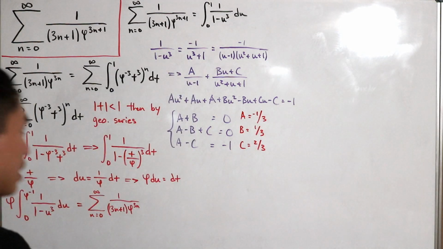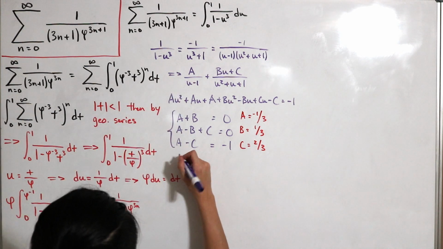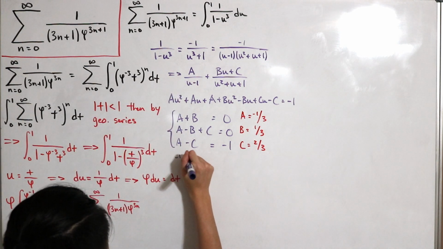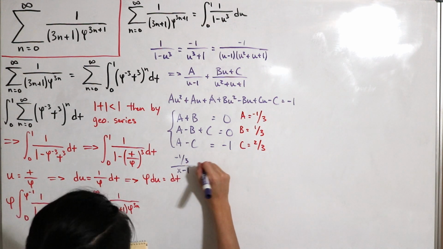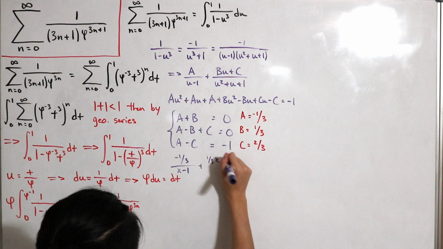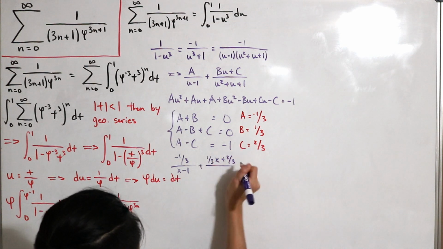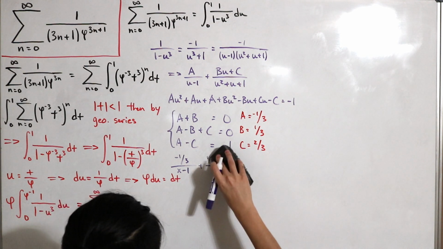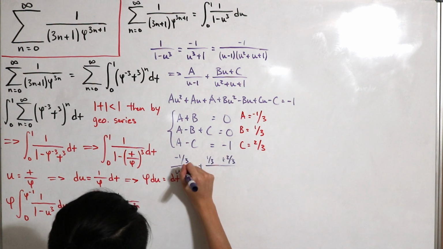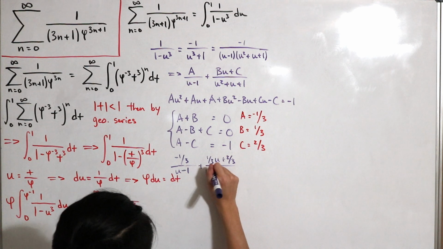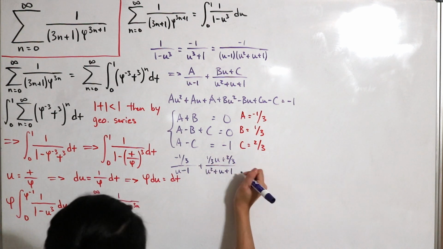Now we just plug back in to our integral. Here we have negative 1 over 3 under u minus 1, added with 1 over 3 u plus 2 over 3, divided by u squared plus u plus 1.